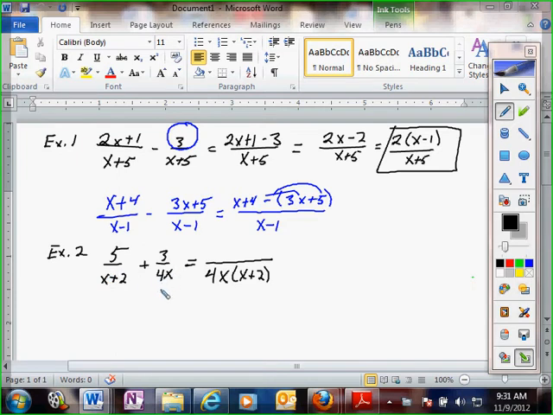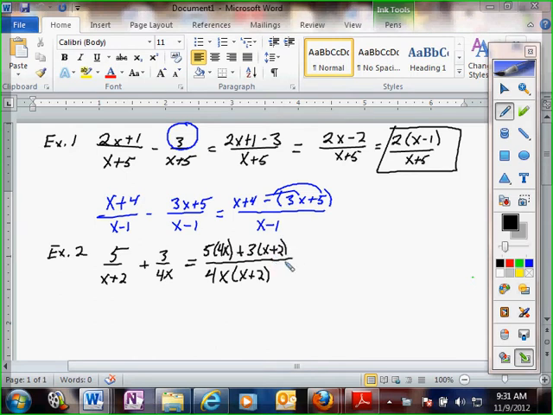So what I can do here, there's a simple model that we can use, and basically it's going to be bottom times bottom, which I just did, and then I'm going to multiply the top term of the first fraction times the bottom term of the second, so that'll be 5 times 4x, plus the top term of the second fraction times the bottom term of the first fraction, 3 times x plus 2.